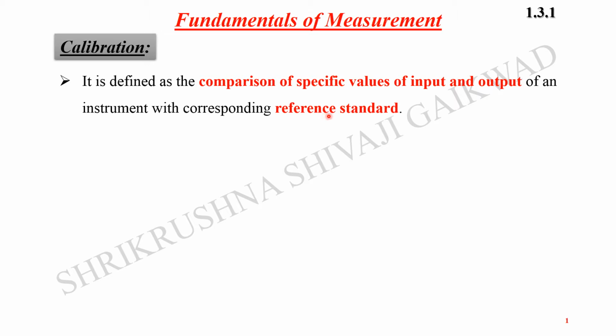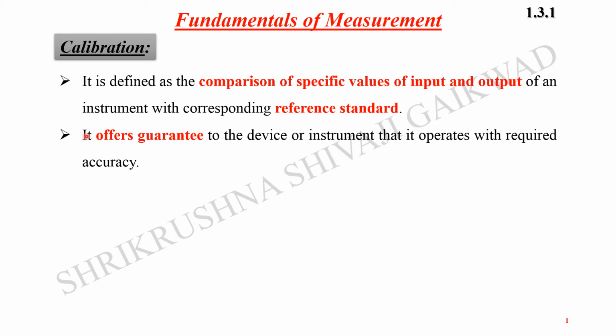Means we have to compare a specific value with the reference standard, which will be placed at particular places, and obviously this has to be compared with the internationally accepted standard only. Then it will be accurate for further measurements.